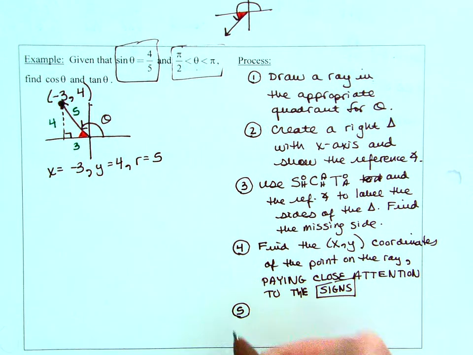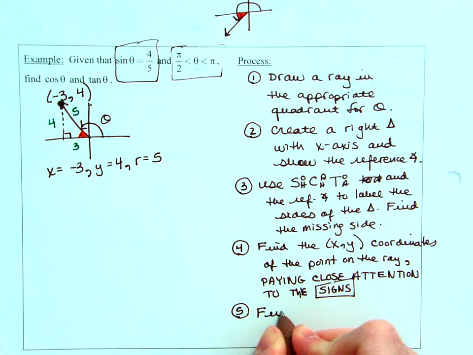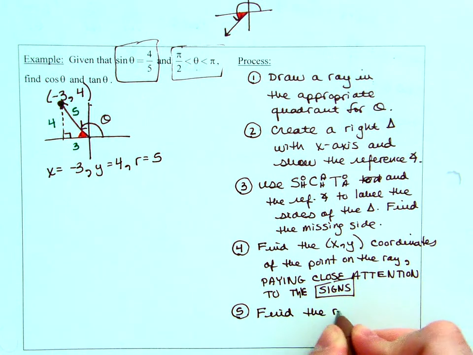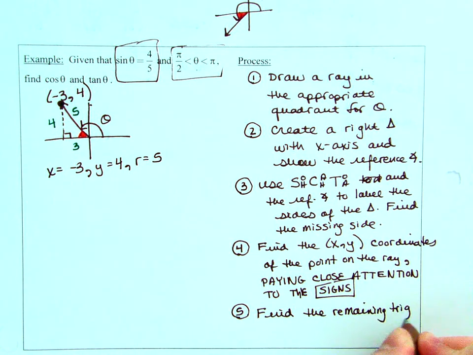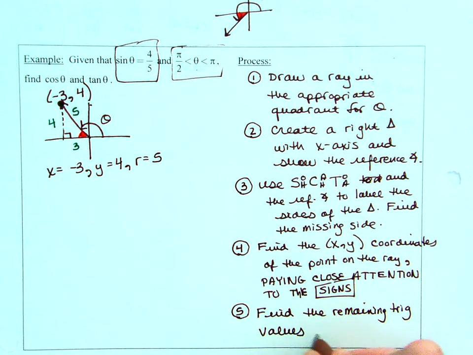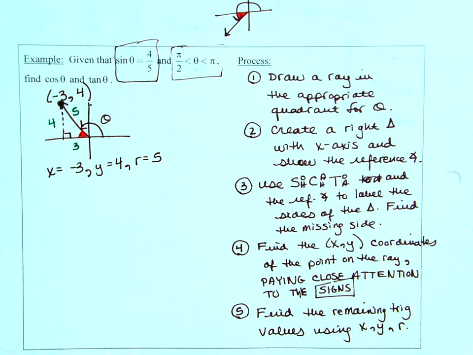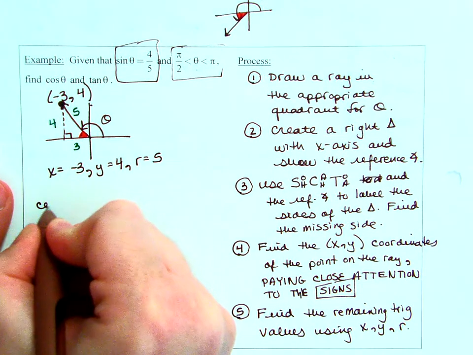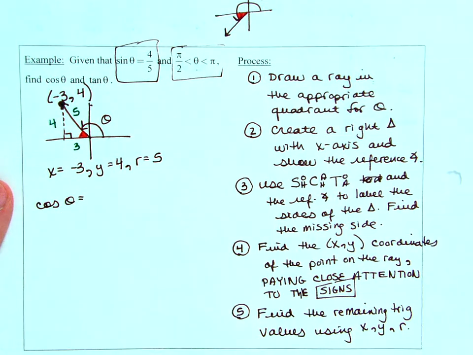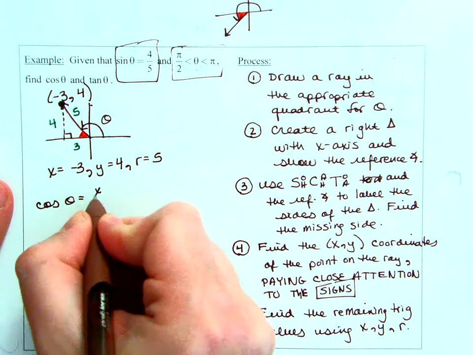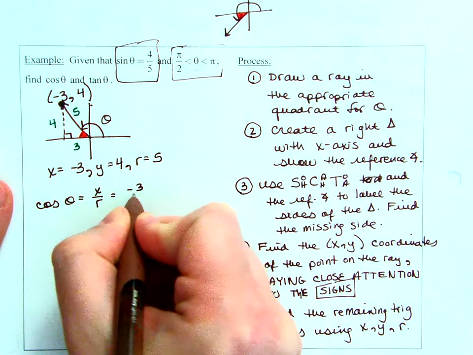Finishing this off, step 5. I'm going to find the remaining trig values not using SOHCAHTOA, but using the x, y, and r definitions. The cosine should be x over r, which in this case is -3 over 5.